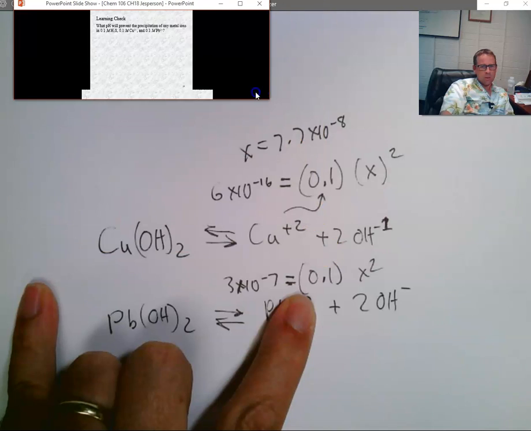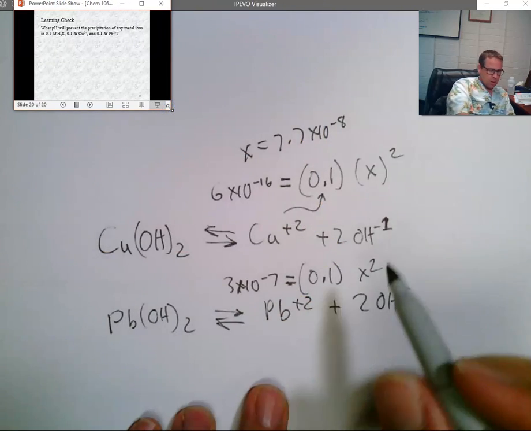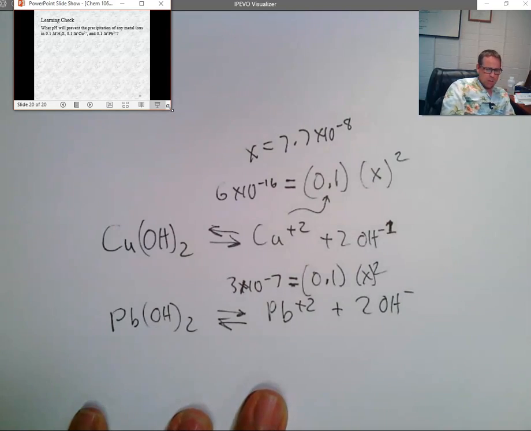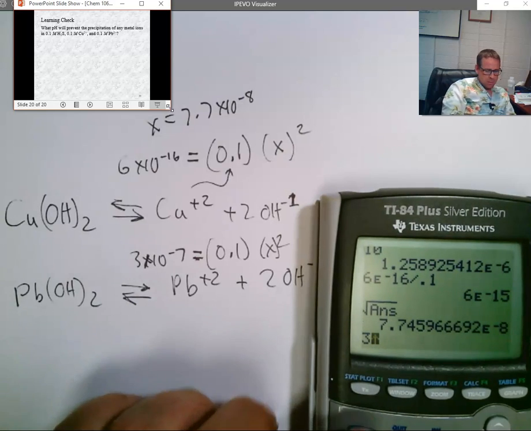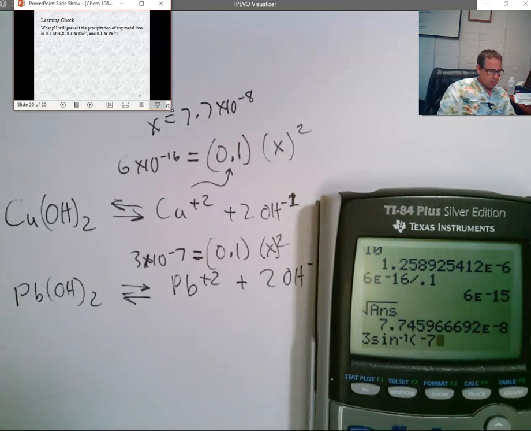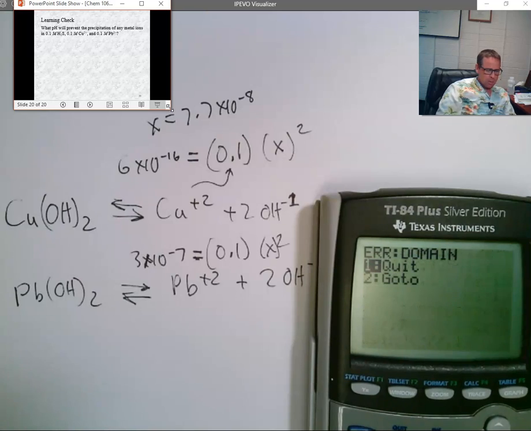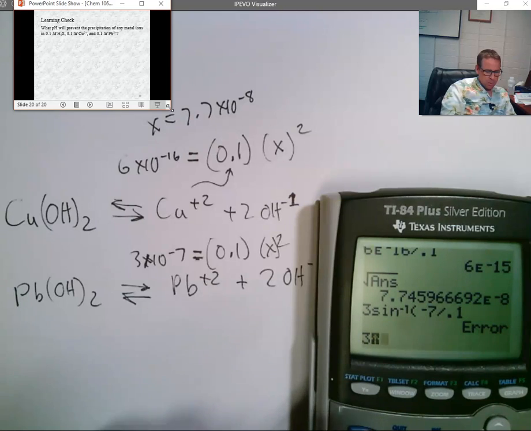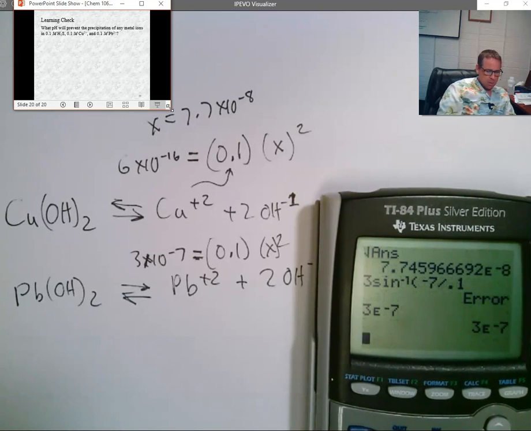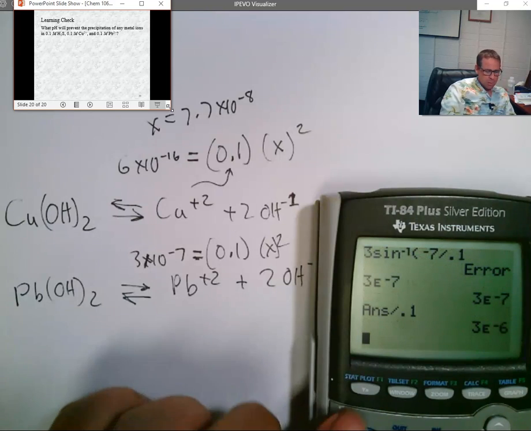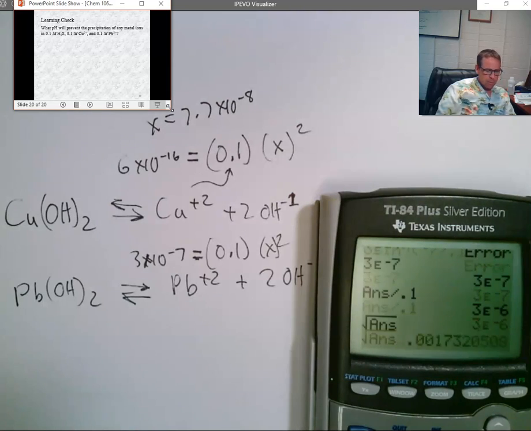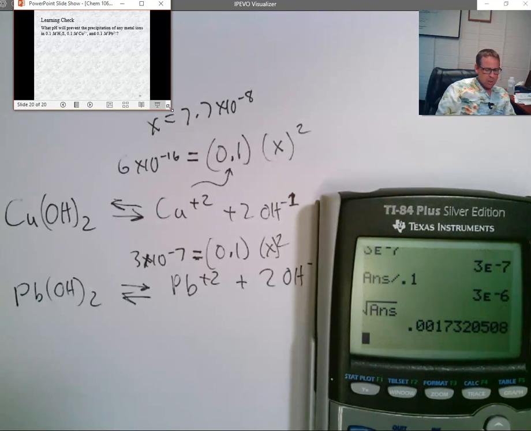All right, so 3 times 10 to the minus 7 divided by 0.1. And then I'm going to take the square root of that. So 1.7 times 10 to the minus 3.